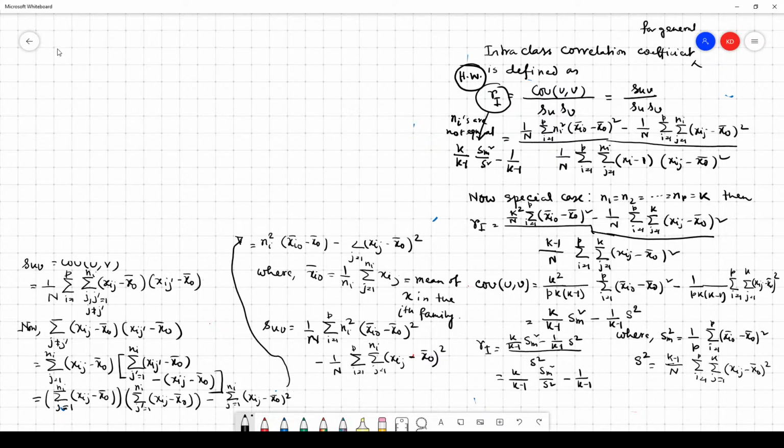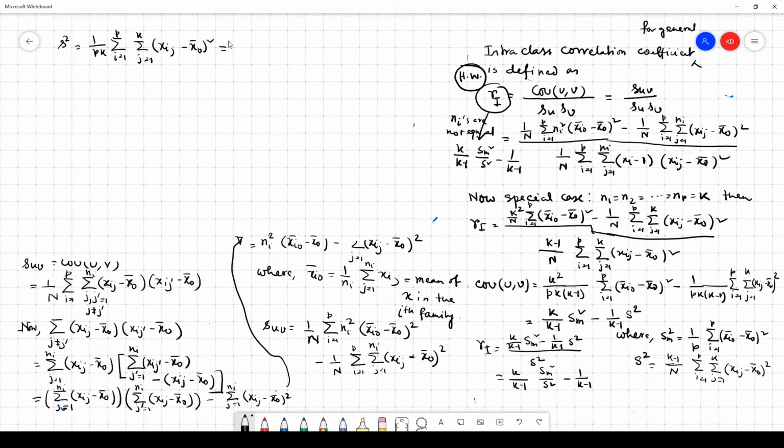Now S square, which is equal to 1 by pk sum over i from 1 to p, j from 1 to k, xij minus x bar whole square, we can write this as xij minus x naught bar whole square.